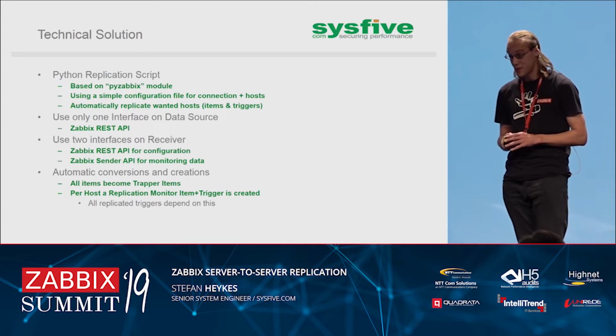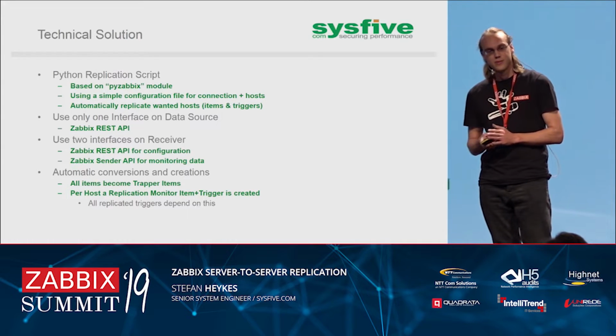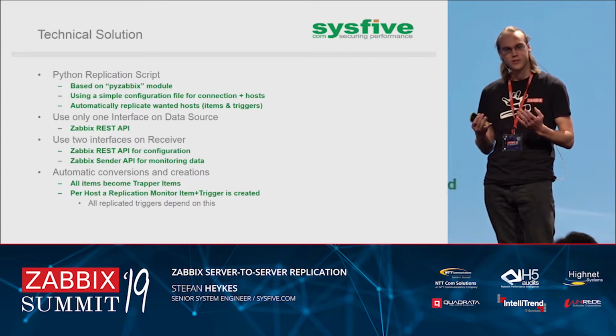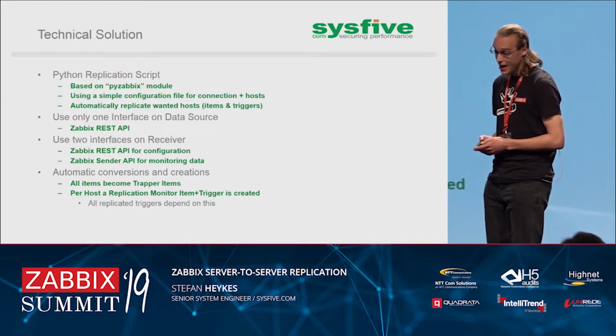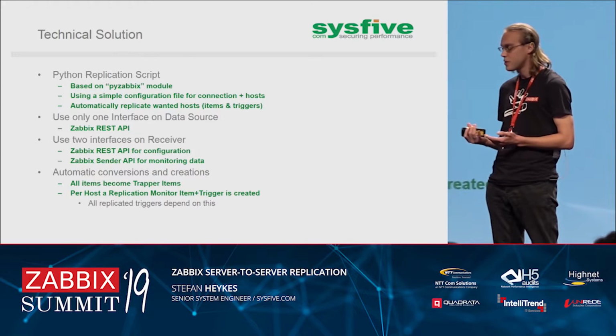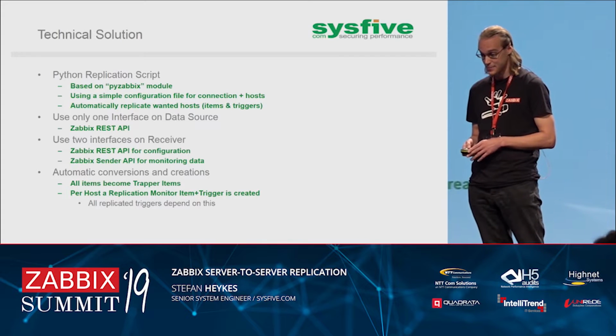It's based on the PyZabbix module. And it just needs a quite simple configuration file. It just needs to know which are the 2 servers it has to connect to and which hosts it shall replicate. And when it has this, we can automatically replicate all the hosts and all the configuration and all the data we need.